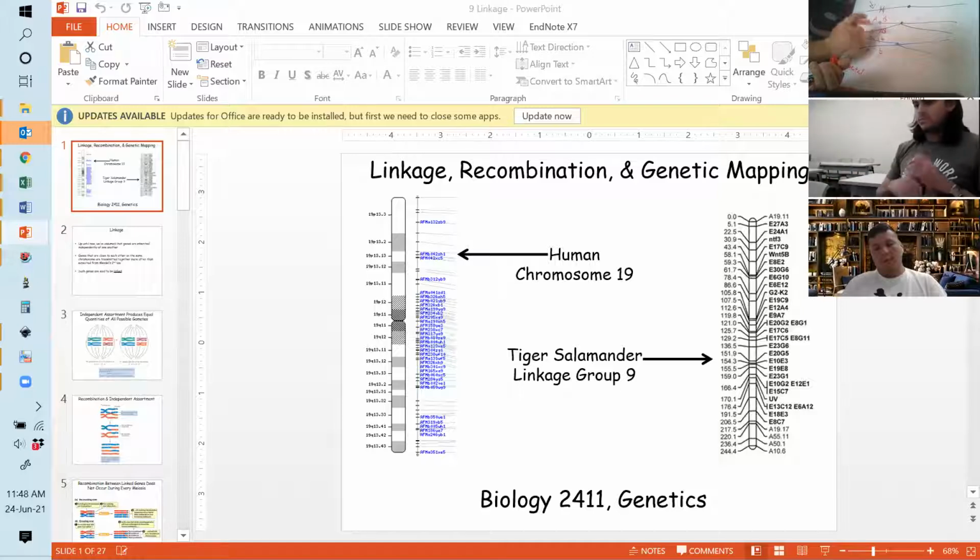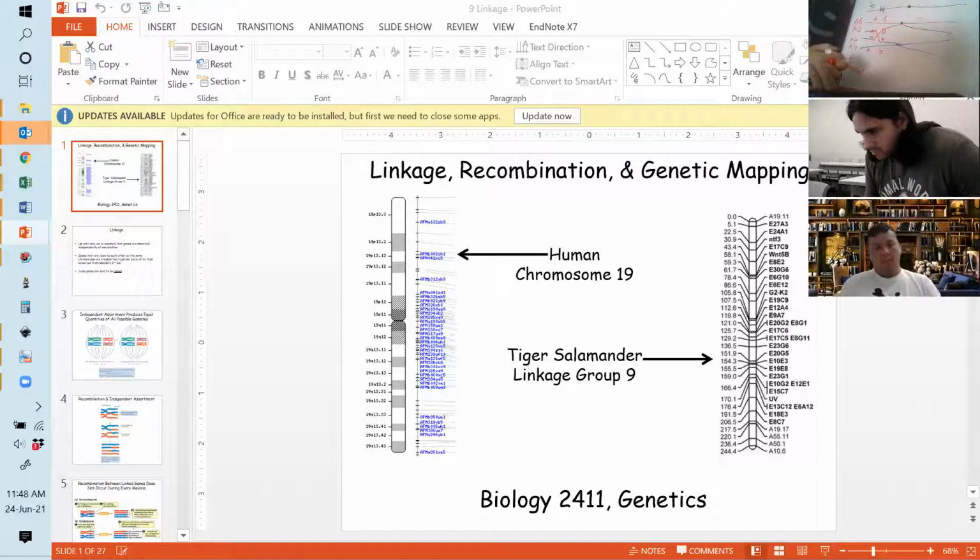Because that will generate new combinations of gametes. So if recombination occurs between those two genes, this chromosome up here, currently a chromatid, but after meiosis does its work it will be a chromosome, you'll see the dominant, you'll see the recessive.